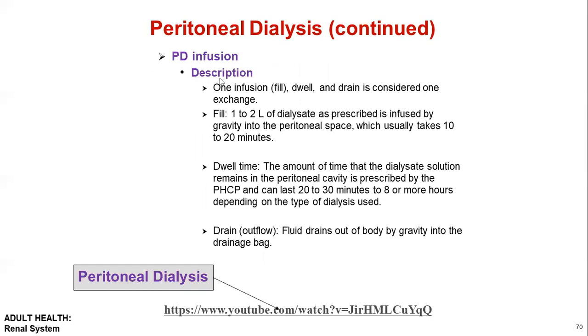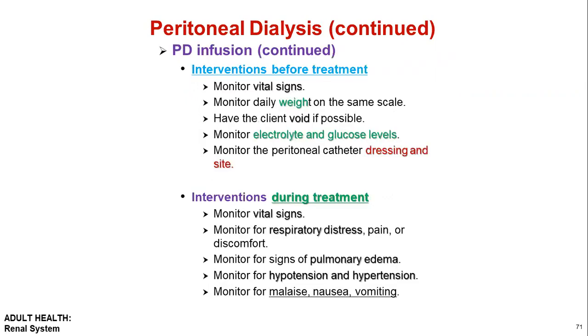Peritoneal dialysis infusion: usually one infusion, dwell, and drain is considered one exchange, with 1 to 2 liters of dialysate as prescribed. Dwell time is the amount of time the dialysis solution remains in the peritoneal cavity, and drainage is the fluid draining out of the body by gravity.